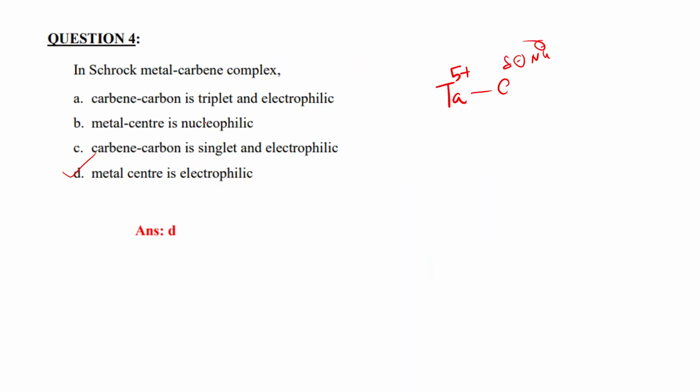So here it is a triplet, but it's not a carbon center, it's not electrophilic. It is nucleophilic. So that's why it is not correct. And again, the metal is electrophilic and not. That's why this is wrong.